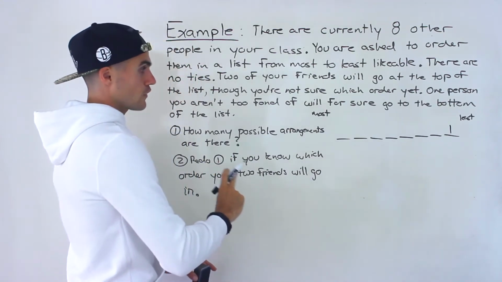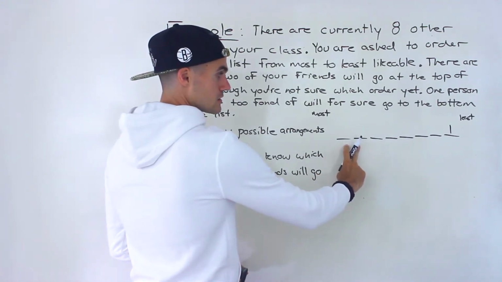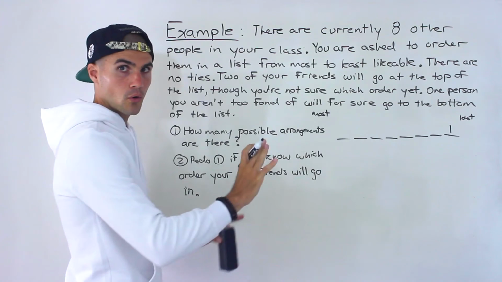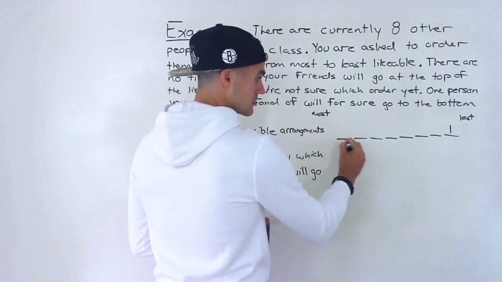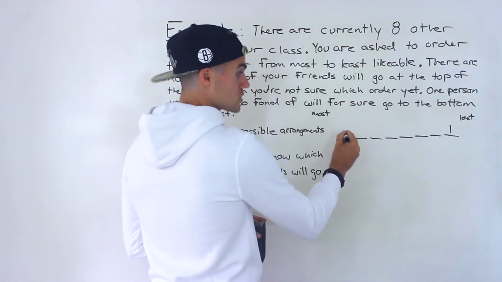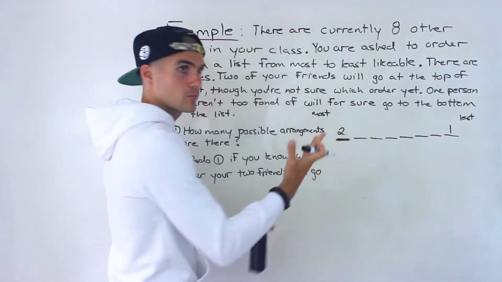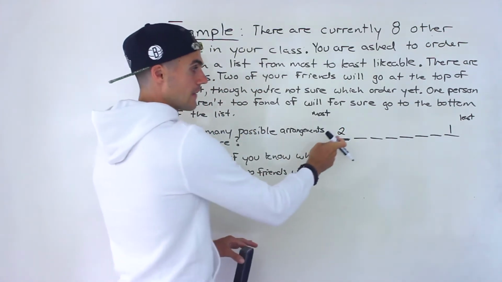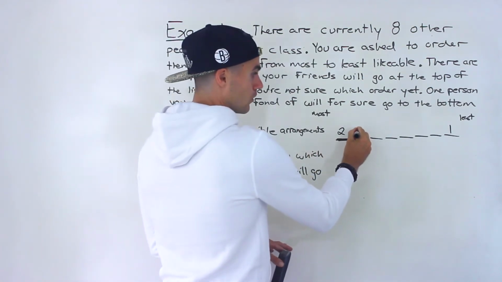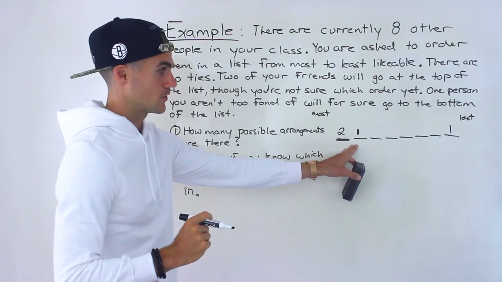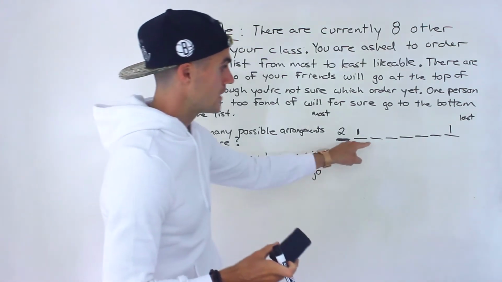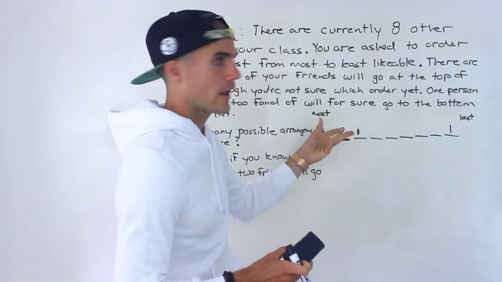Now, 2 of your friends, they're going to go at the top in these 2, but you're not sure which order yet. And since you don't know which order, how many ways can this position be taken? The first position, well, 2 different ways. It's going to be one of your friends, and that means there's going to be only one other friend left for that second position right here. And then the rest of the positions, it's going to be random.